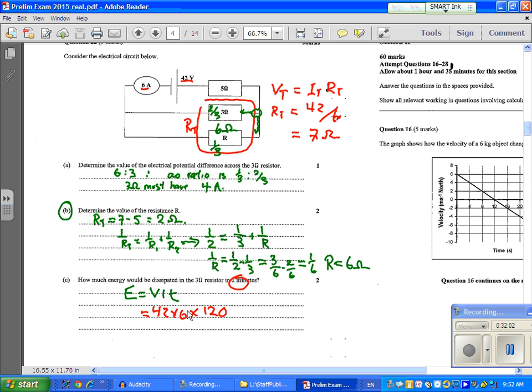If you had put in a voltage and a current with 120 seconds, you would have gotten 2 marks. But most people put 42, 6 and 2, which gives you a mark.